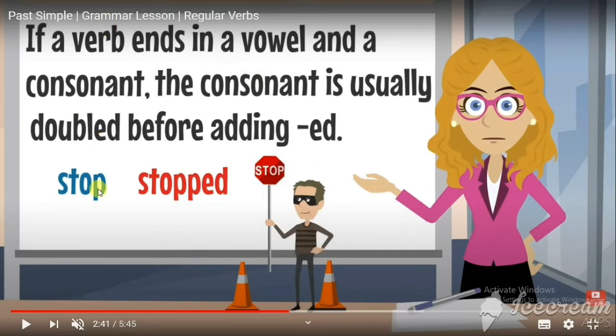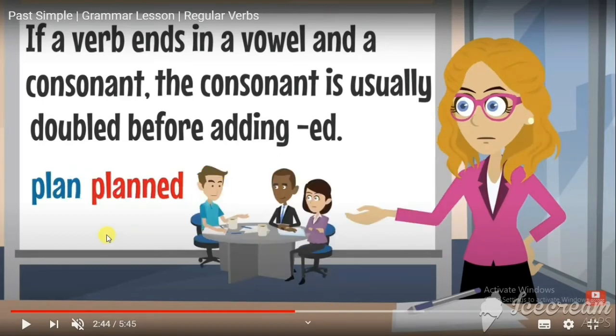Now, if the verb ends with a CVC, consonant, vowel, consonant, we double the last letter, then we add ed. Like the verb stop, we double the P, then add ed. Like plan.